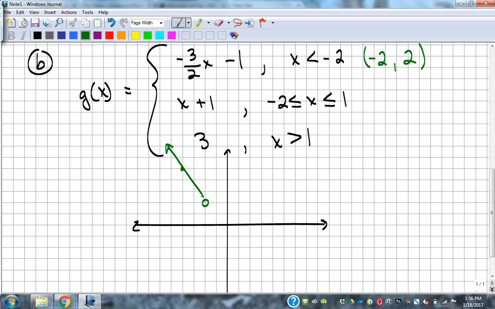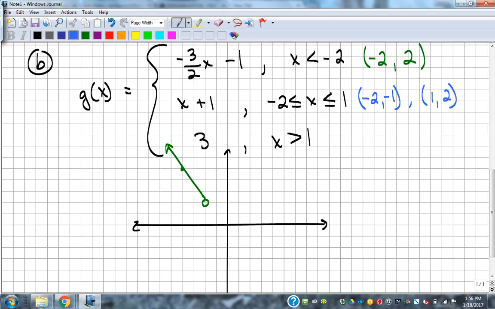Piece number 2. First important point, negative 2, negative 1. Second important point, 1, 2, right?